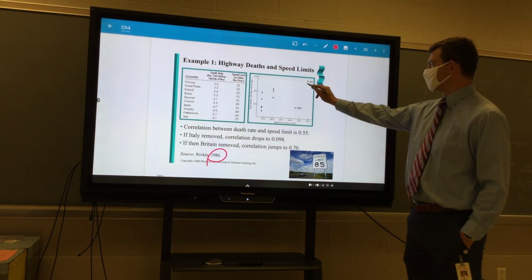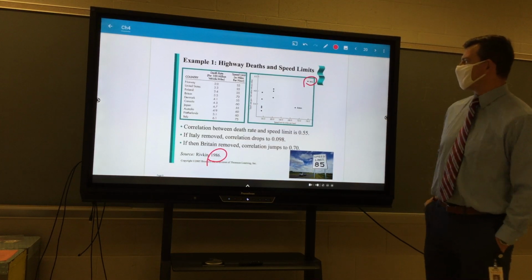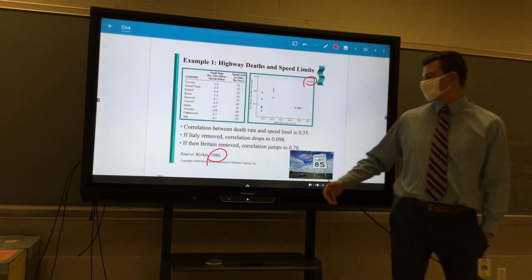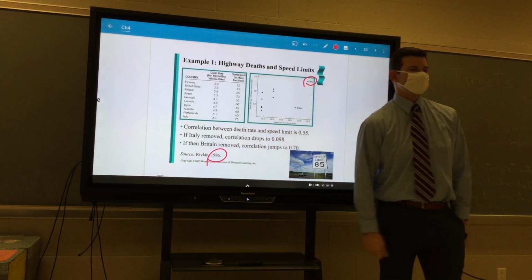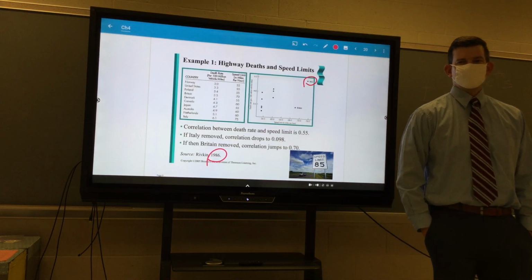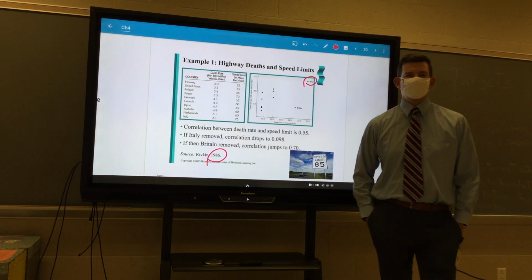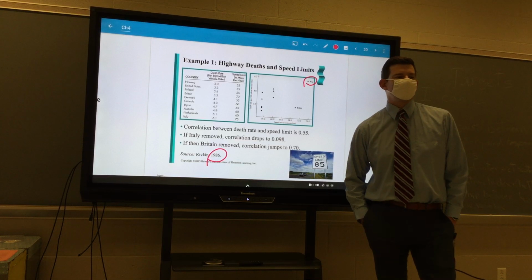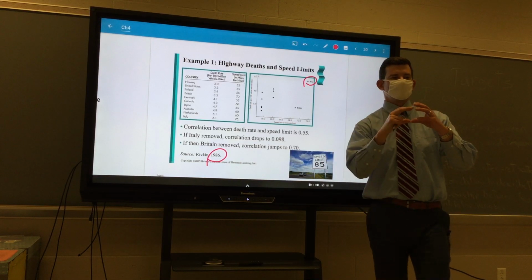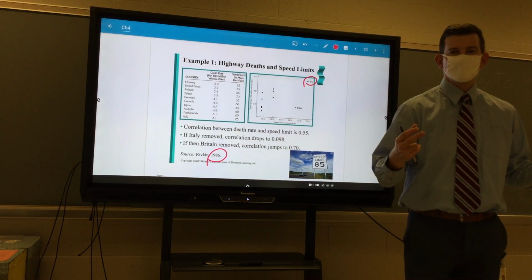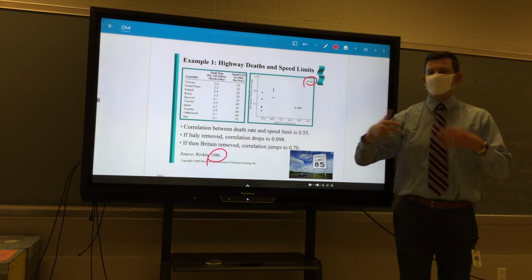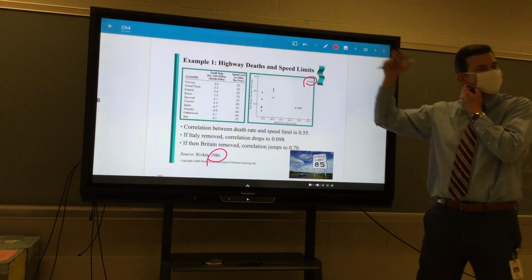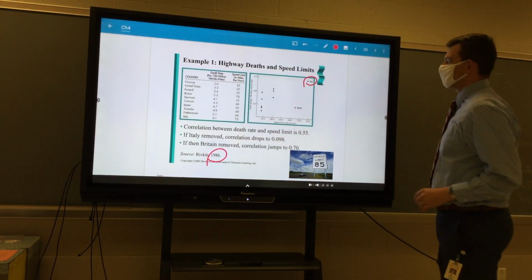We've got Italy, which stands out as the highest death rate and the highest speed limit, 75 miles an hour. When I think of Italy driving, I don't think of having the highest speed limit, right? I either think of very densely populated Rome, or very treacherous alpine driving. Neither are really conducive to a really high speed limit, but that's what it is.